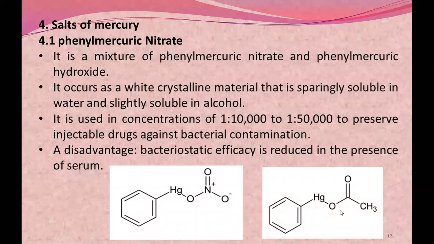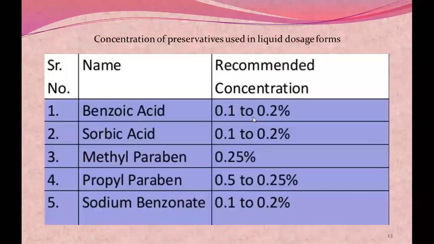It is used in the concentration of 1 in 10,000 to preserve injectable drugs against bacterial contamination. The disadvantage of these mercuric salts is that the bacteriostatic efficacy is decreased if they are administered in the presence of serum. So two examples with structures I have given here.